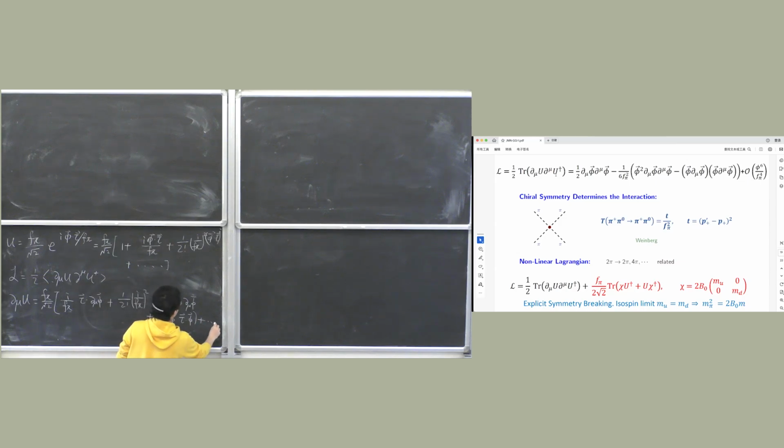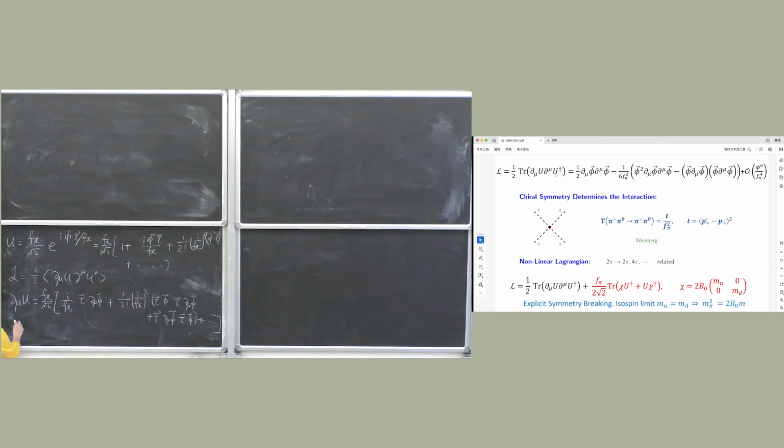Something like this. Here we should pay attention that these two terms we should write separately, because here's the tau matrix, and these two are not equal because the tau matrices do not commute.